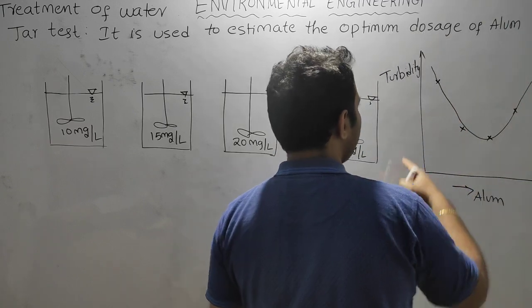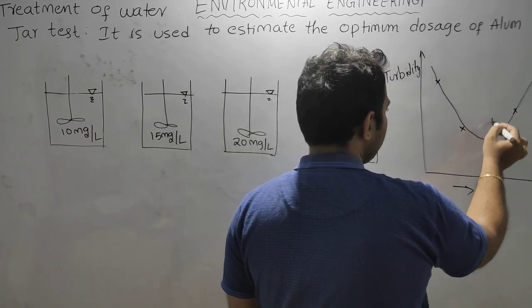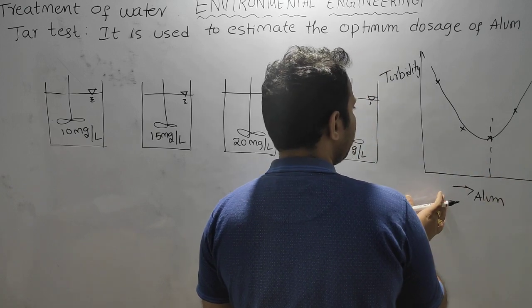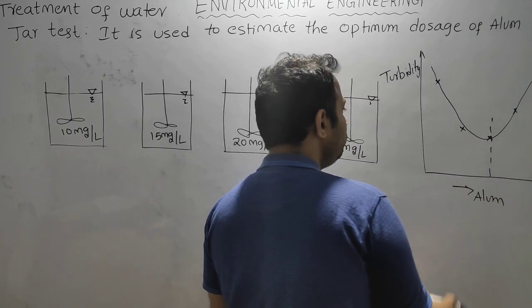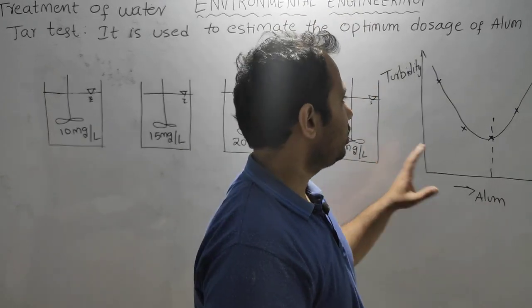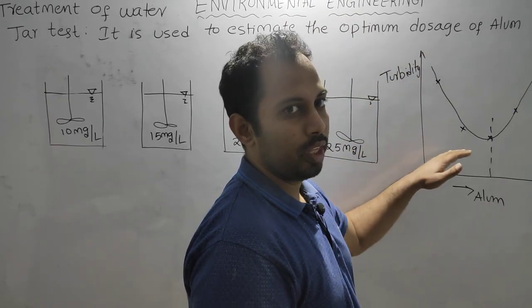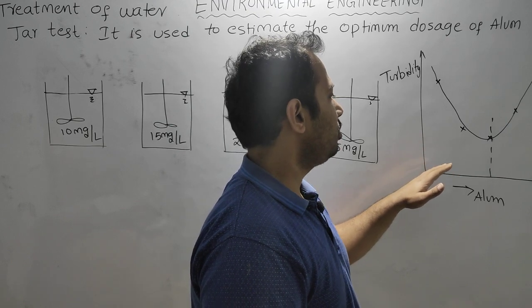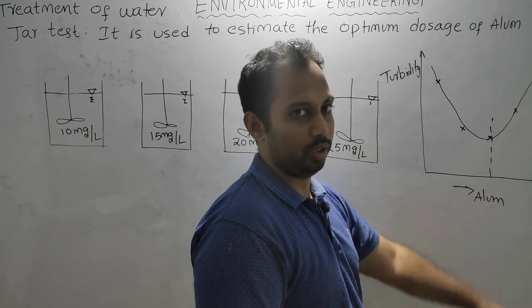So earlier, to some extent, as the alum dose increases, the turbidity may reduce. But what happens if you keep on increasing the alum doses?